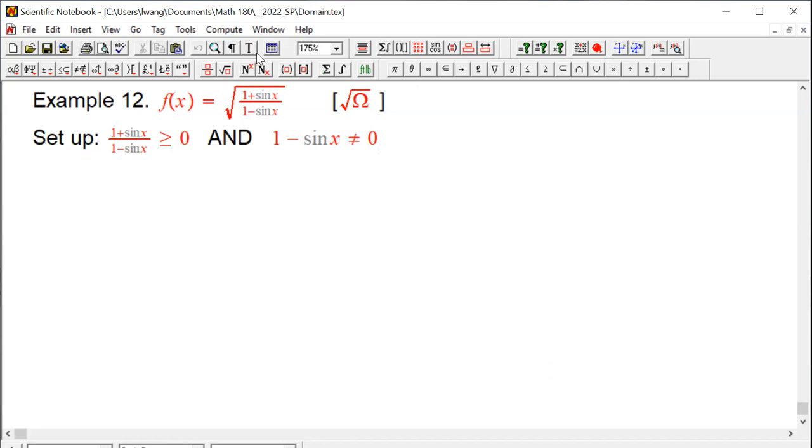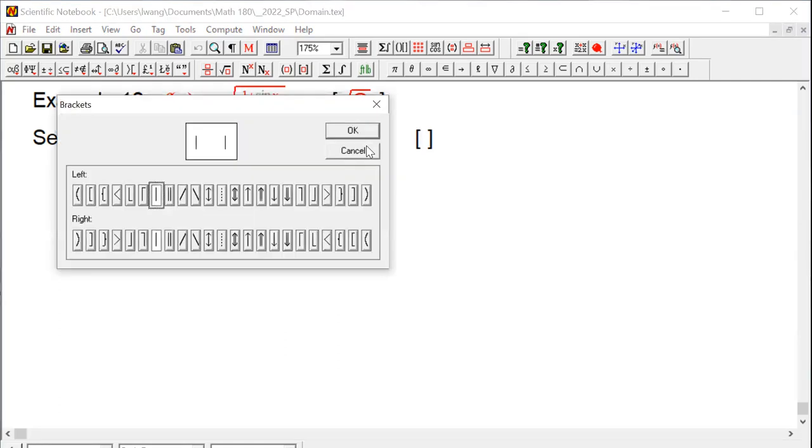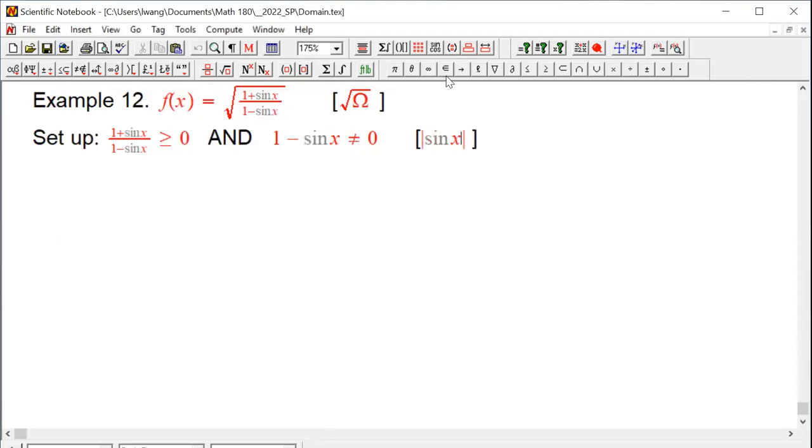You may like to have a little reminder: sine x is always between -1 and 1. Just have these forms at your disposal, so you don't run the risk of forgetting them and getting lost.